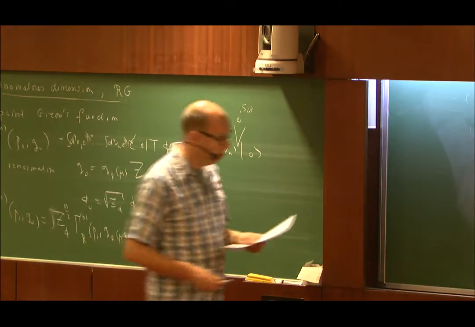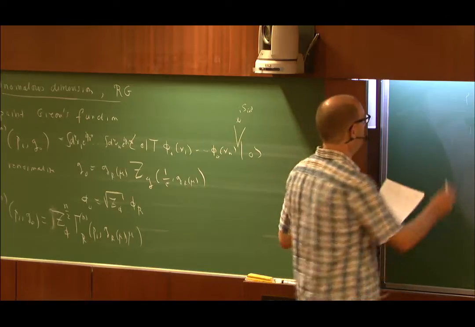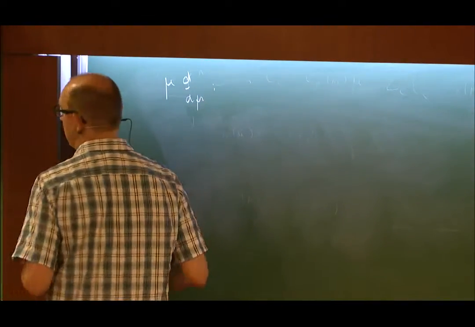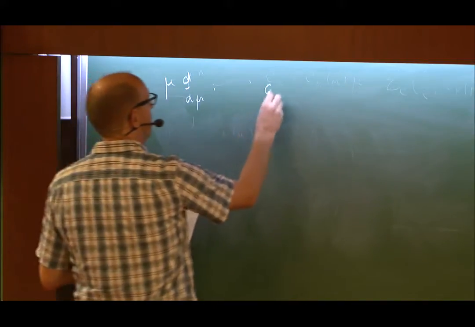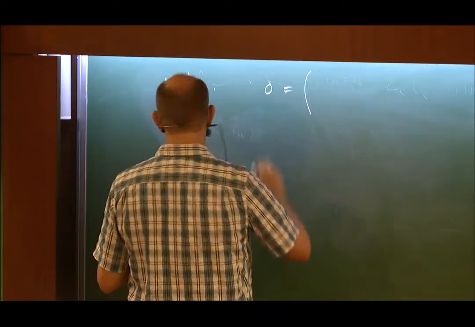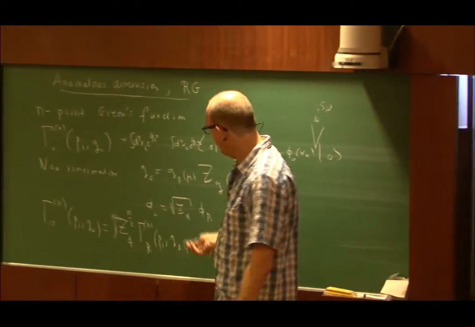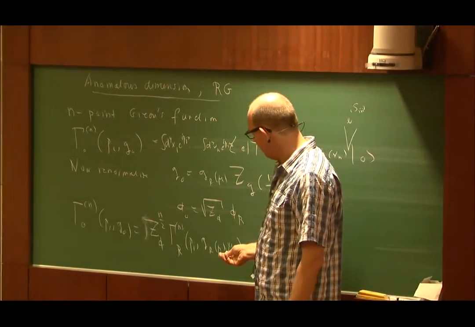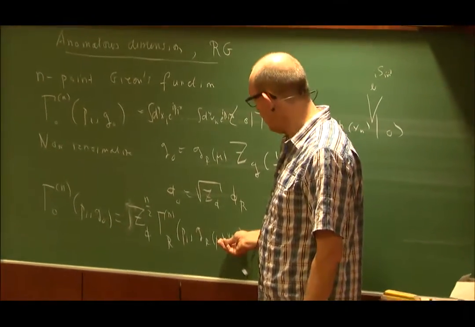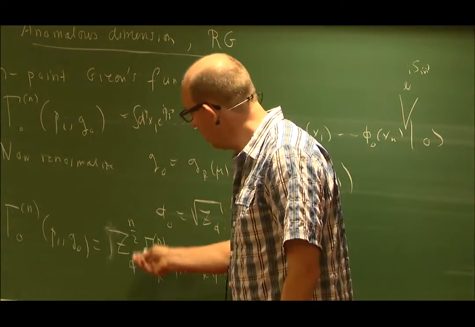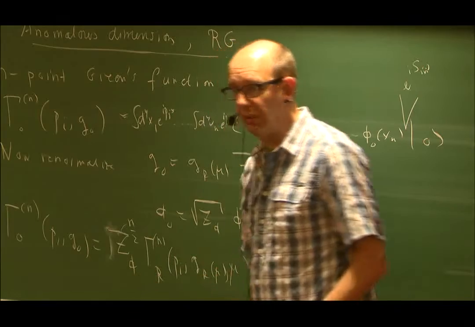So if you act now with mu d/d mu, then you get again 0 on the left hand side, and this is equal to, again it's a matter of using the chain rule, so you can act on the explicit mu dependence, on the implicit mu dependence, and there will also be mu dependence inside the Z factor here.